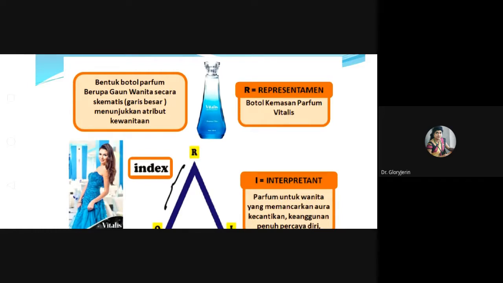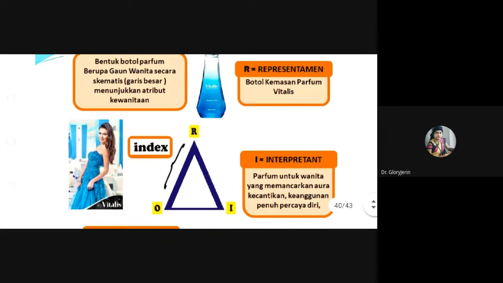The reference to the relationship between the shape of the perfume bottle and the object interpretation really exists, not a free interpretation. We can see the real relationship of the object and the representation, or object sign. An index is adjacent to the object.